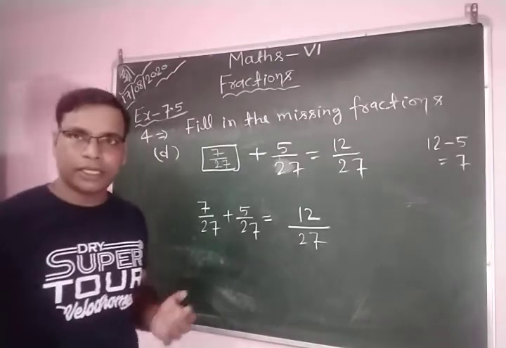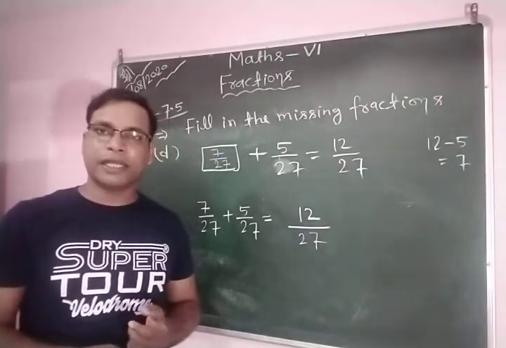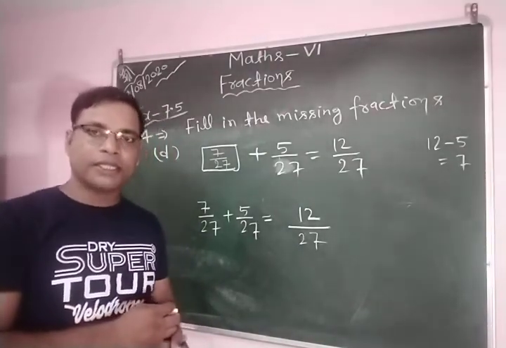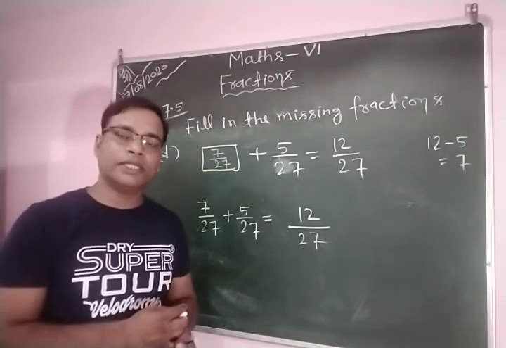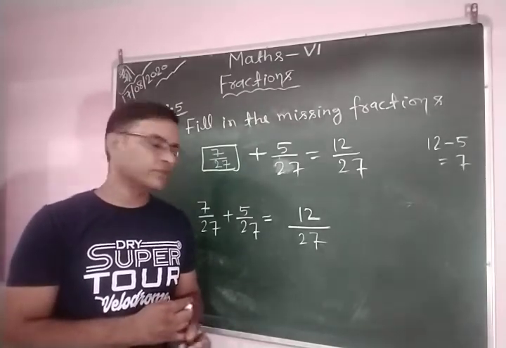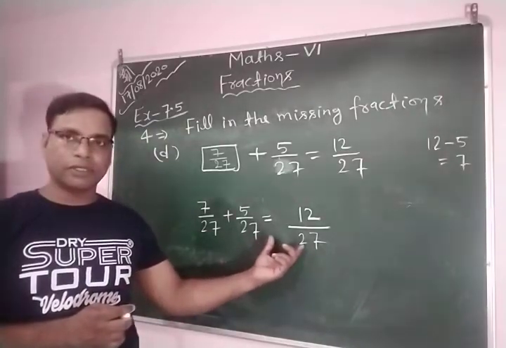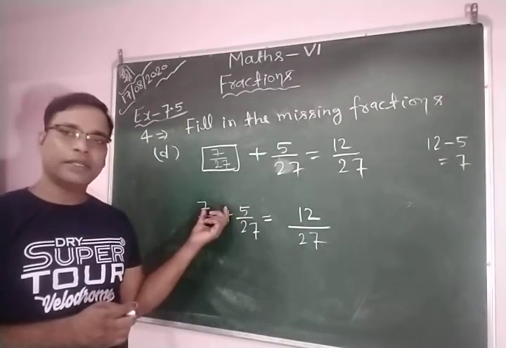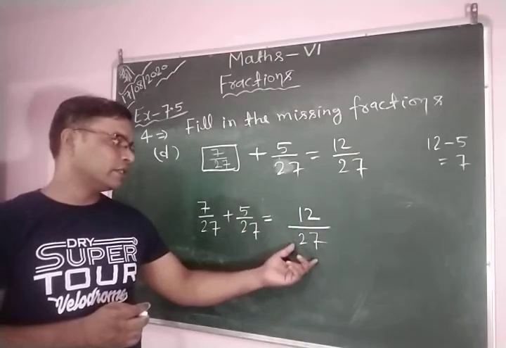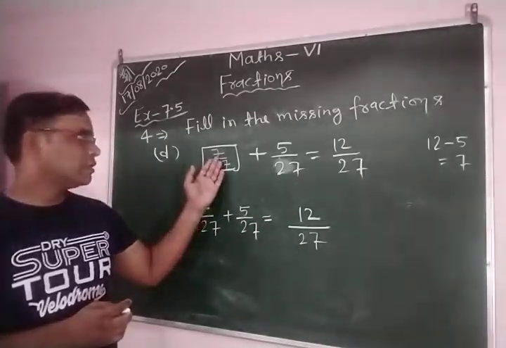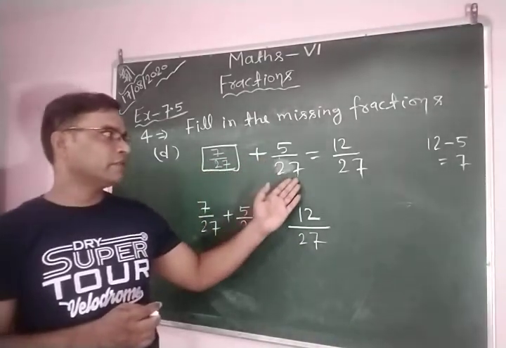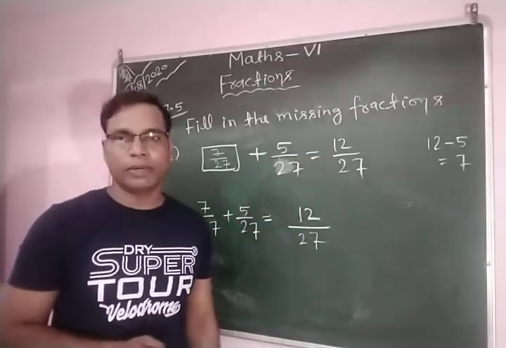When the fractions are like fractions and the denominators are the same, you add or subtract only their numerators. So 7 by 27 plus 5 by 27 is equal to 12 by 27.